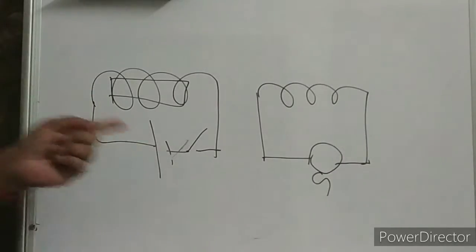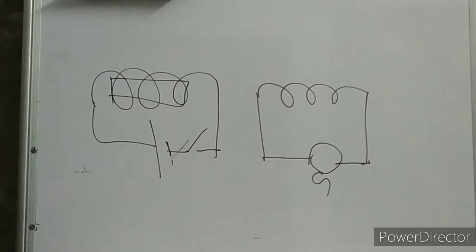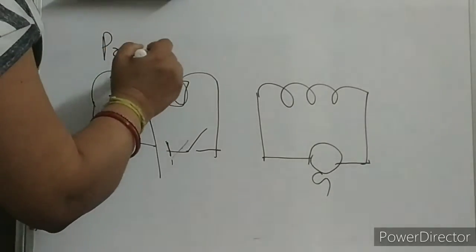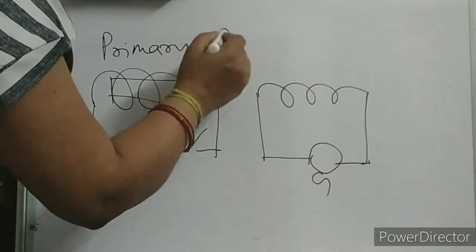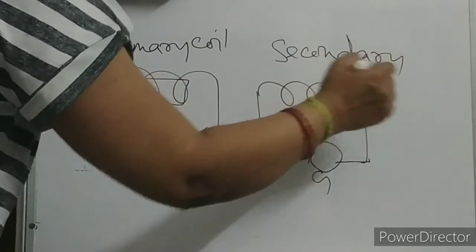Electromagnet means when the switch is on, current will flow, so it will behave as a magnet. Already we know this. Okay. Suppose this is your primary coil and here is your secondary coil. Clear?